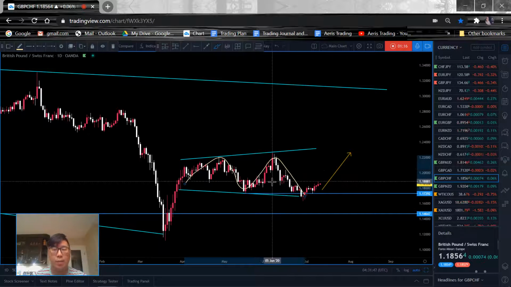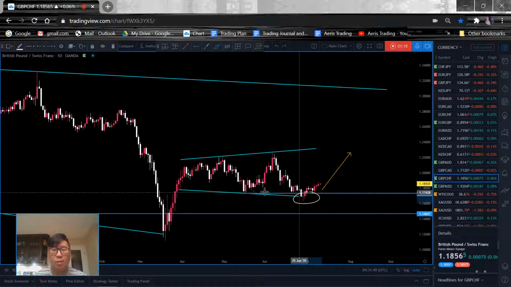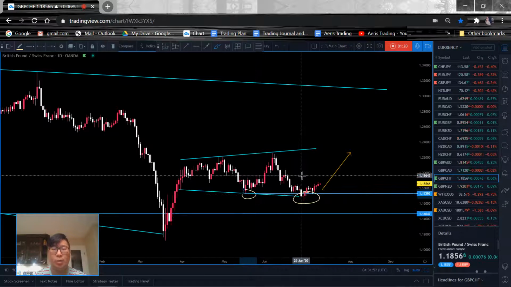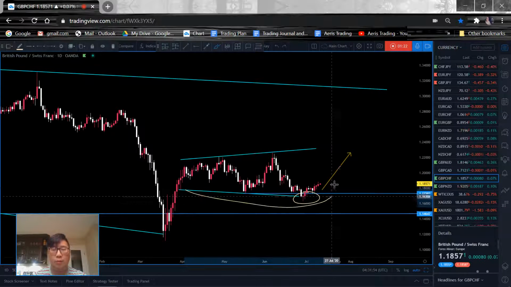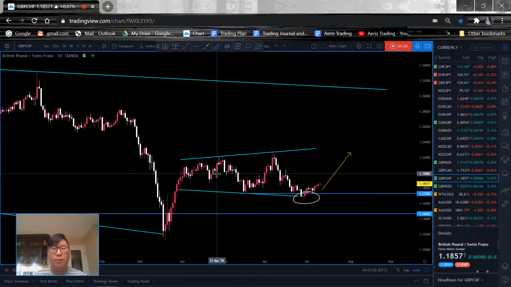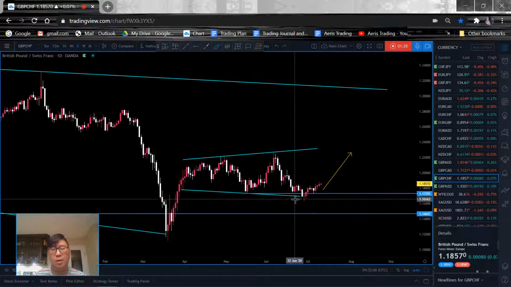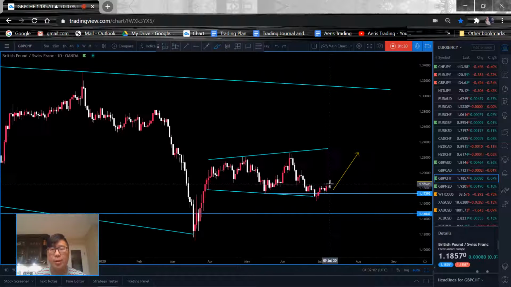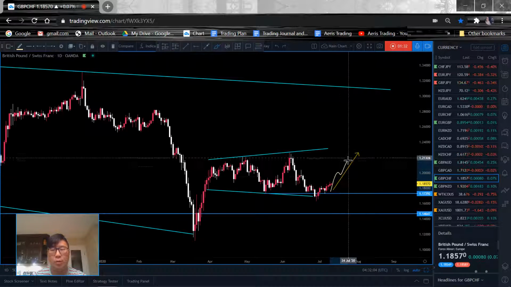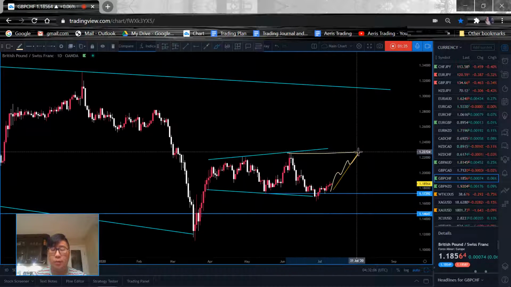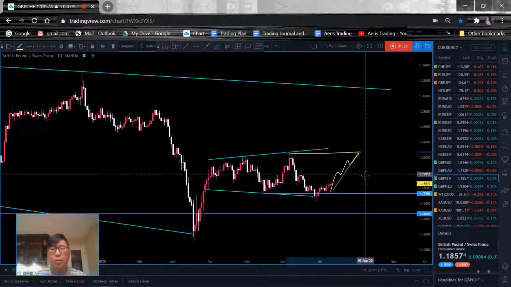What I like about it is that price did manage to hit this bottom here, which is making a potential double bottom, and also the bottom of this structure as well. So it's all very valid and all in my trading plan to take a buy from this area. And what I'm expecting is price to continue going up, hopefully to this top right here before any potential pullback.